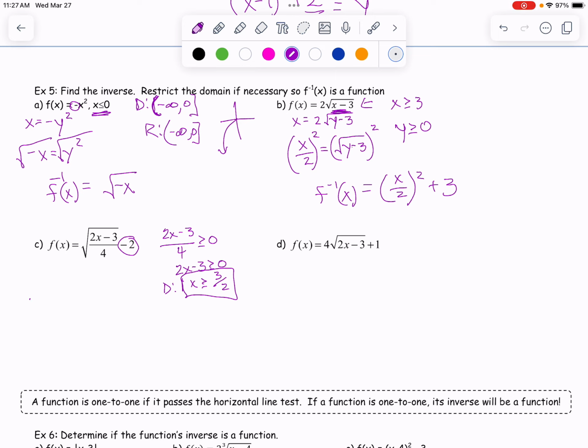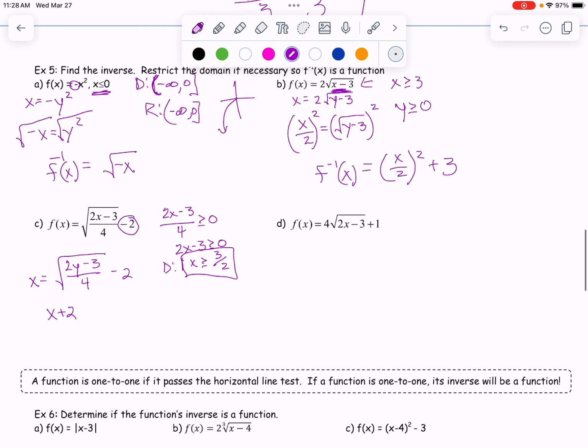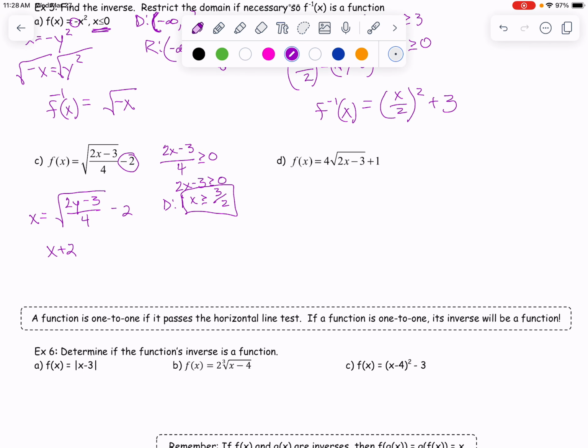This would be x equals the square root of (2y minus 3) over 4, so x plus 2. I'm going to have to square. I don't want to write all my steps down like you guys. So add 2, and then I'm going to square to get rid of your square root.